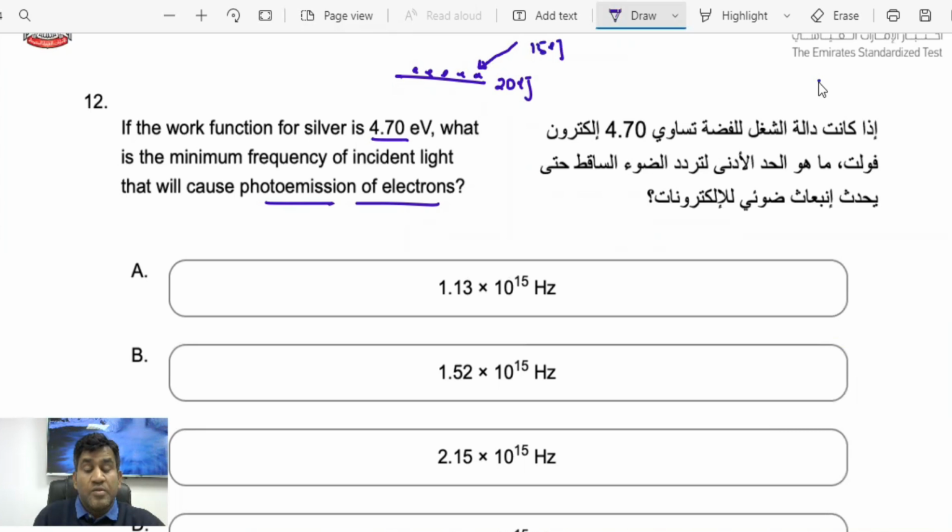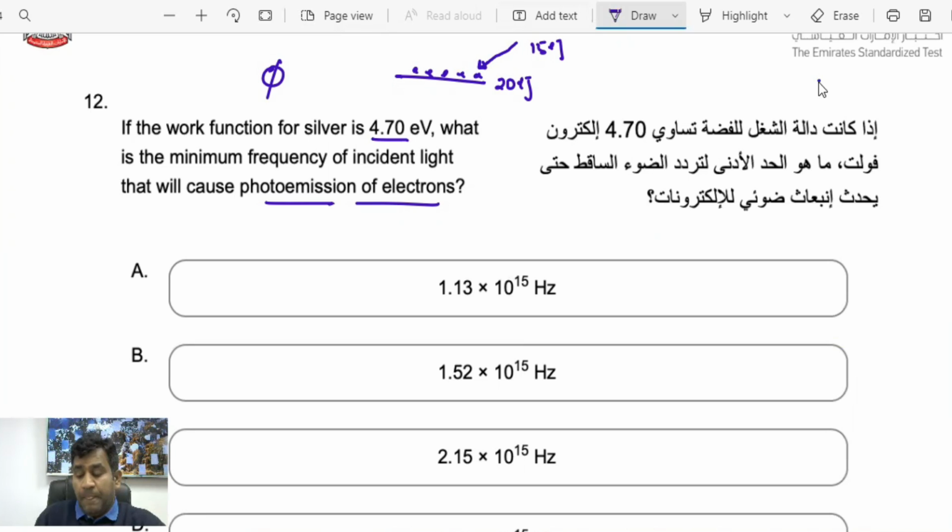Because the falling light energy is lesser than what is required, the photoelectric effect will not occur. Only if the applied light is greater than 20 will the electron be removed, and the minimum amount of energy required is the work function. It is usually represented with the notation phi, or we can also say psi.